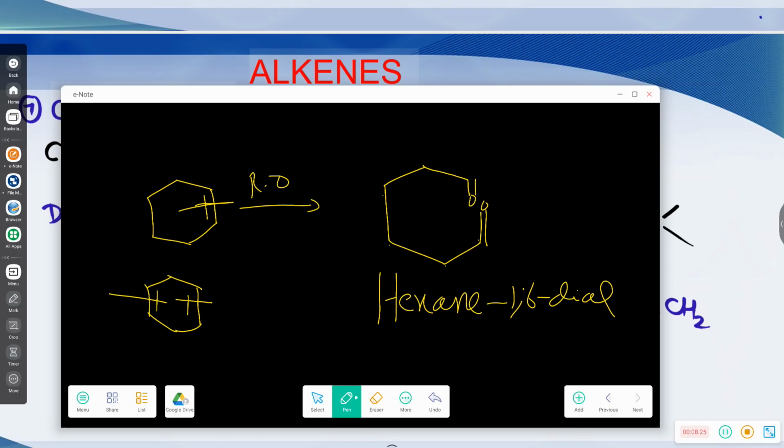Okay. This is the type of question they are asking in the NEET examination. Difficult means they will ask the IUPAC name. Reverse problem they will ask. What is that? Like this. Understand?